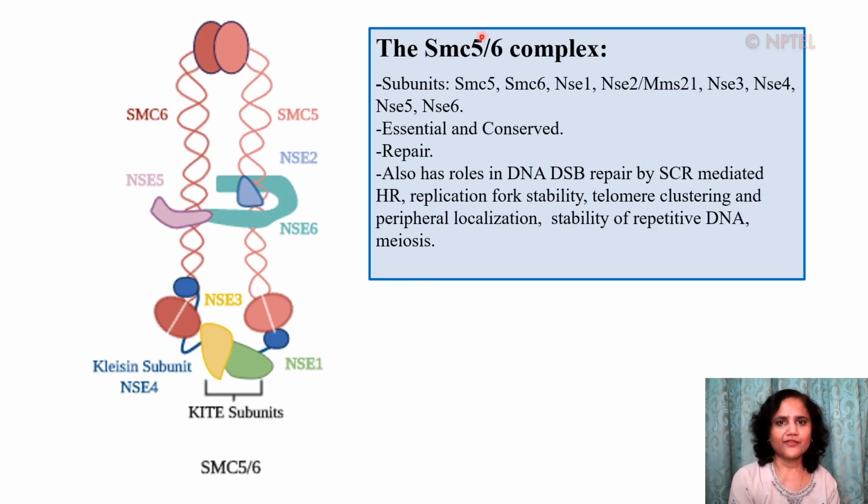The SMC5/6 complex also is being studied a lot, and it has numerous functions. It's important for repair. It also has roles in DNA double-strand break repair by sister chromatid recombination mediated homologous recombination.